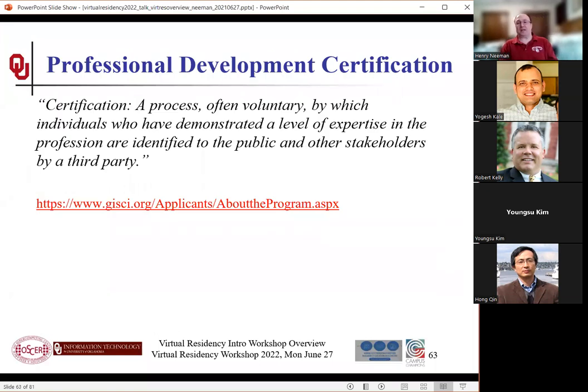So what do I mean by certification? I do not mean a matriculated graduate or undergraduate certificate. I mean something morally equivalent to Red Hat Certified Engineer or CISSP or one of those, right? Only in this case, it's for cyber infrastructure facilitation.